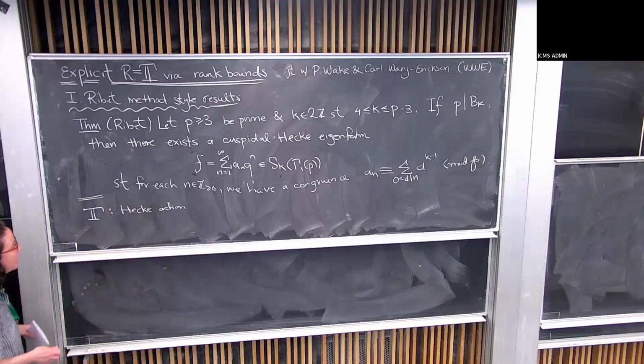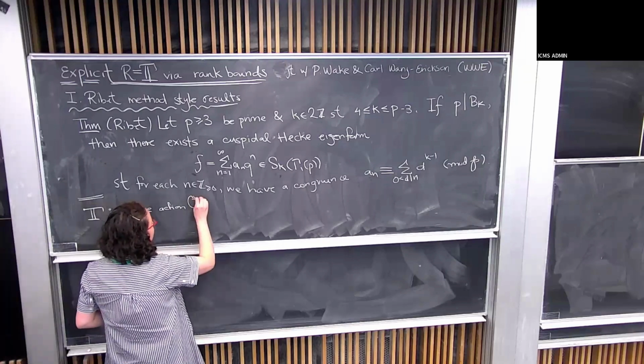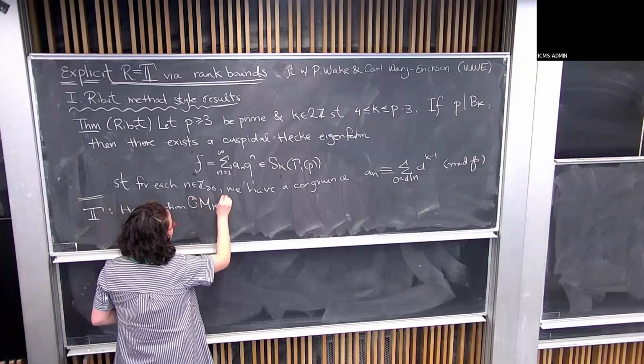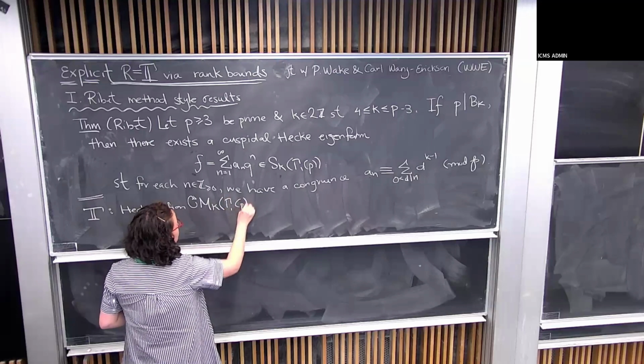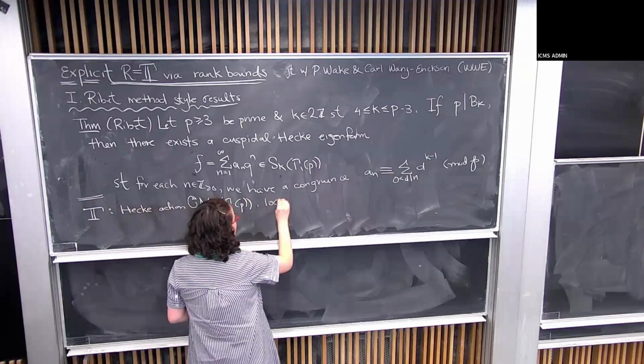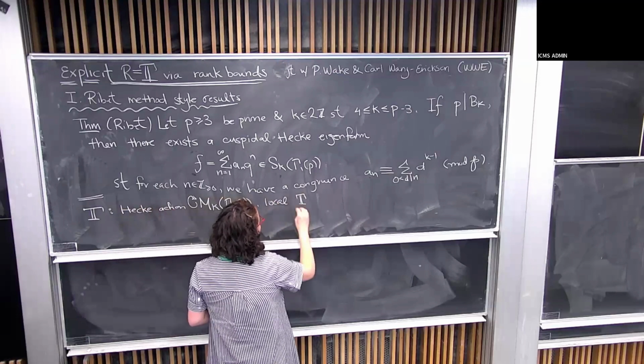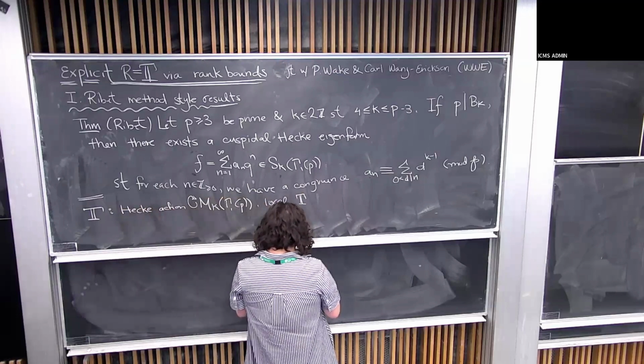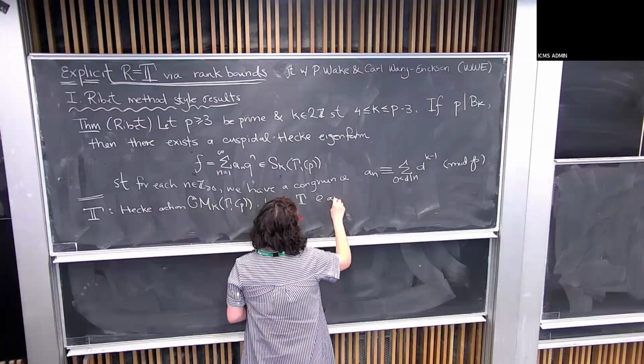Yes. So we have some Hecke action on our space of weight k modular forms for gamma 1 p. And so if we localize, we'll localize this Z_p module at an appropriate Eisenstein ideal.